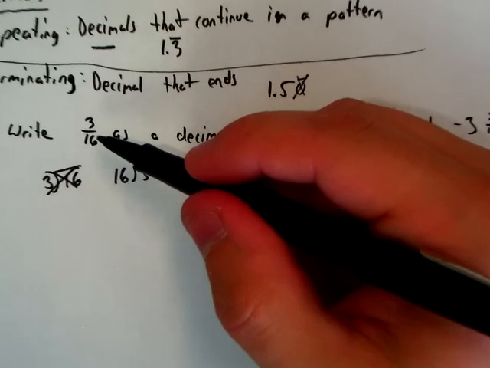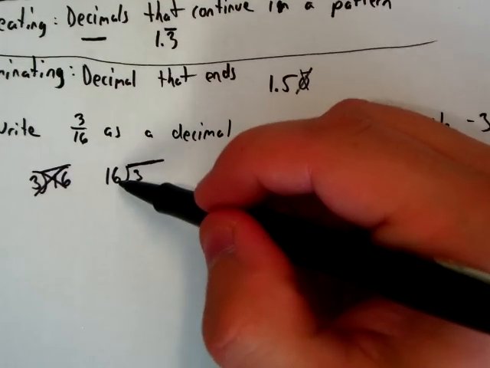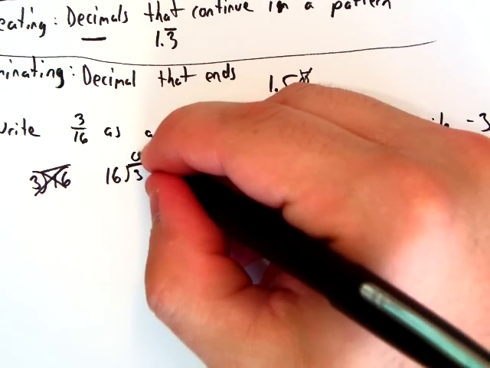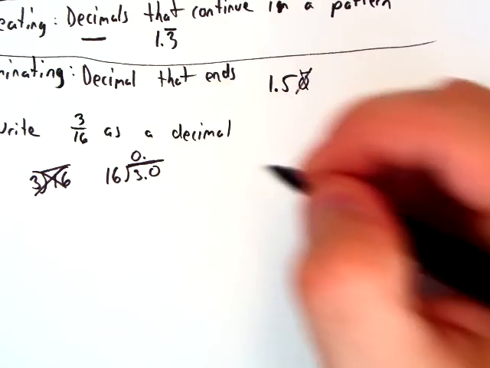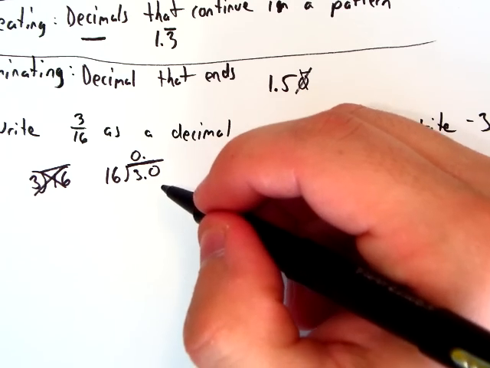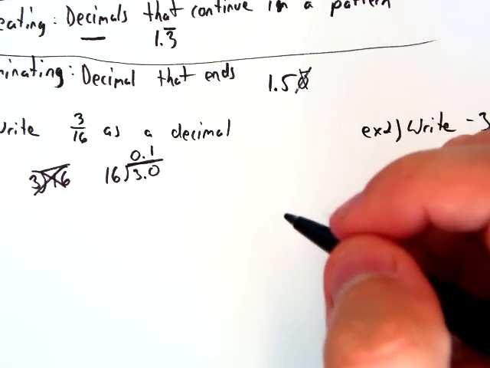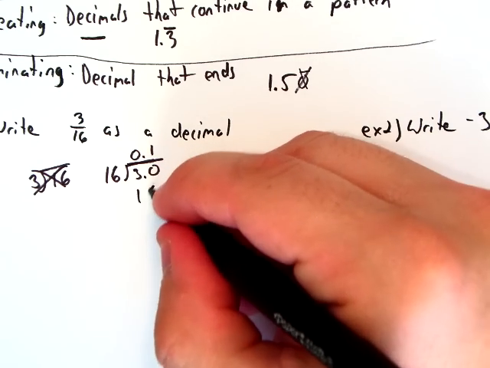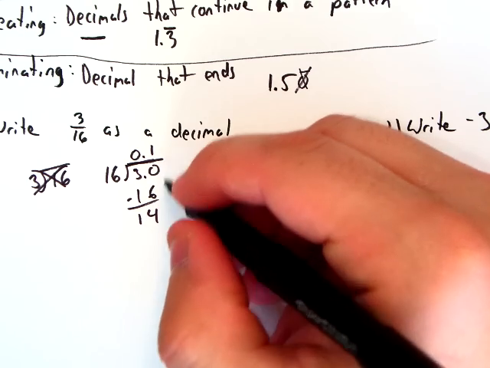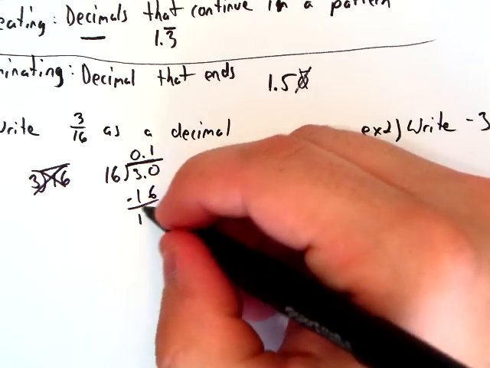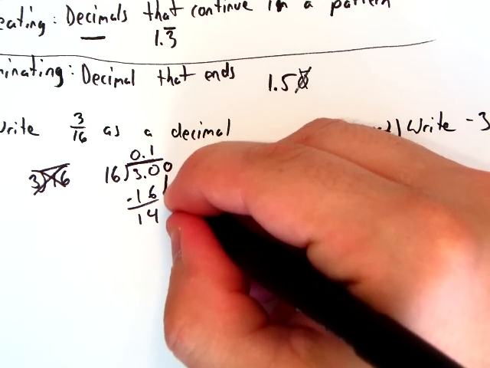The bottom number, or the denominator, goes outside the house. Now, 16 doesn't go into 3. So we put a 0 here, and we make this really look like 30. 16 can go into 30 one time. 1 times 16 is 16. And 30 minus 16 is 14. I'm not left with 0 here, so I have to bring down another one.